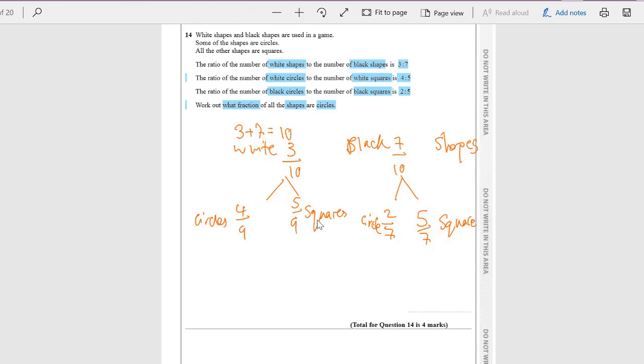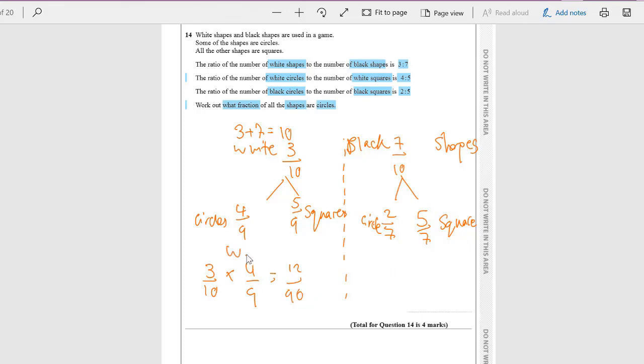So if we want to figure out how many of the shapes are circles, let's just separate this. We can multiply 3 over 10 by 4 over 9. This will give us white circles. So that's 12 over 90.